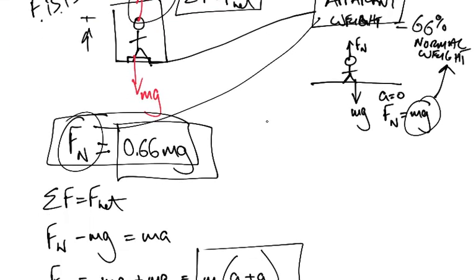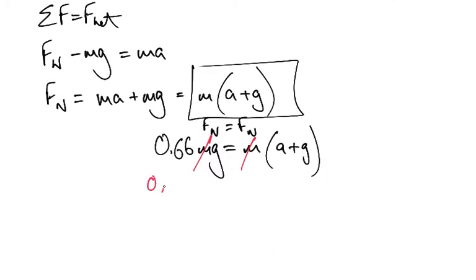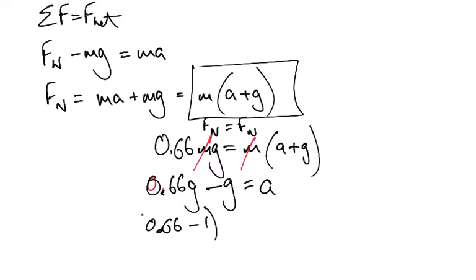So if we come back down to the equation, how are we going to solve for a? Well, m's are gone, so we can now subtract g from both sides, and so we get 0.66 g minus g equals a. And if we factor out the g, you get (0.66 minus 1) times g equals a.